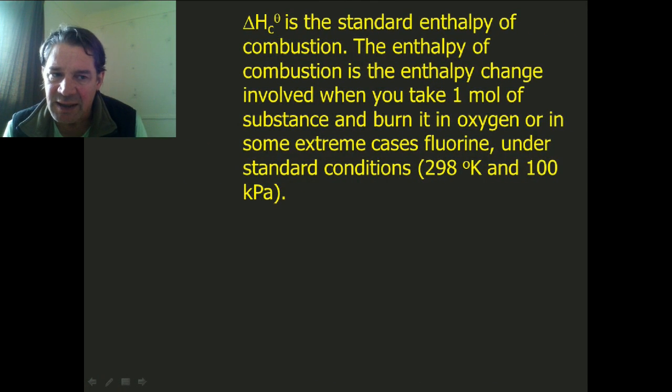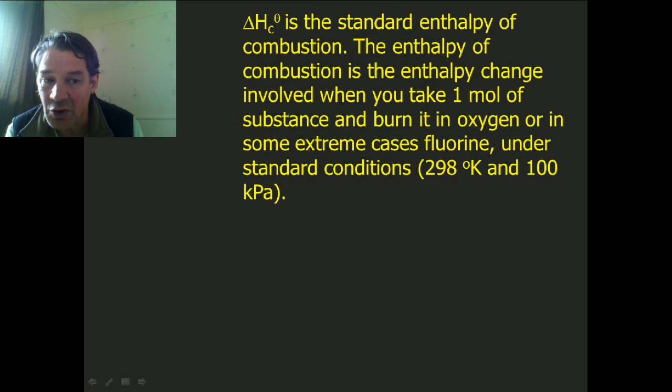Delta HC standard is the standard enthalpy of combustion. These values are likely to have been measured directly in a bomb calorimeter. The enthalpy of combustion is the enthalpy change involved when you take 1 mole of substance and burn it in oxygen, or in some extreme cases fluorine, under standard conditions, 298 K and 100 kilopascals.